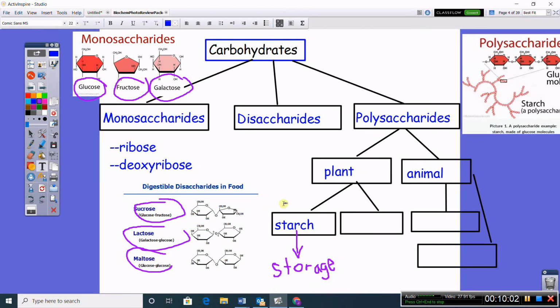Okay. Another plant polysaccharide is going to be cellulose. Okay, we find cellulose in plant cell walls, and that is going to be mainly for structure.